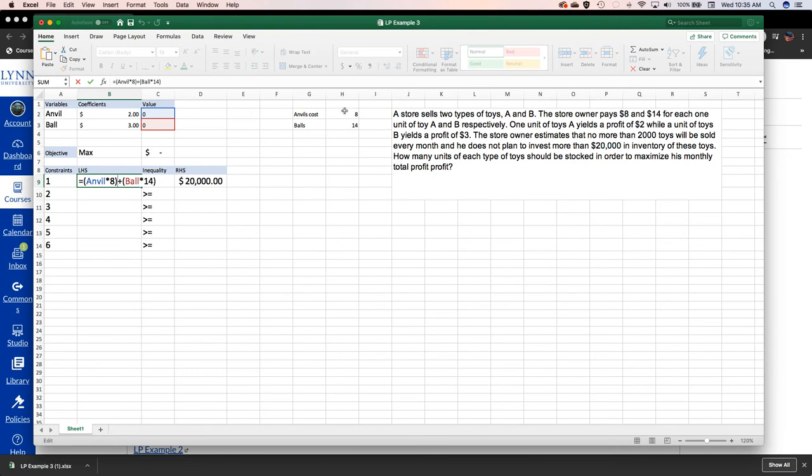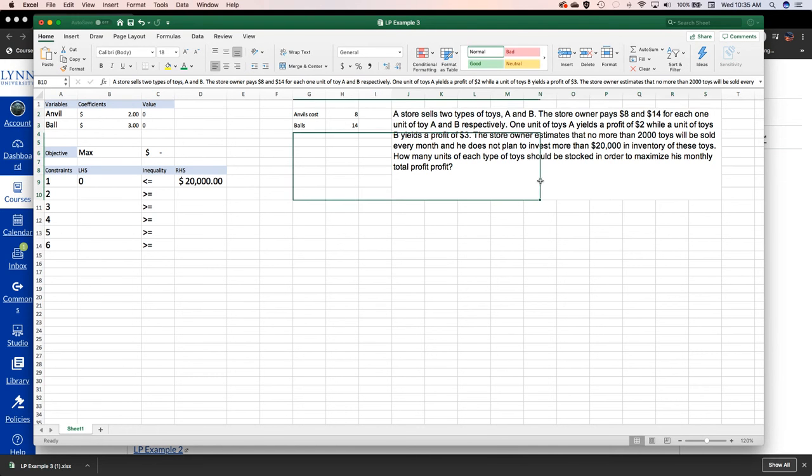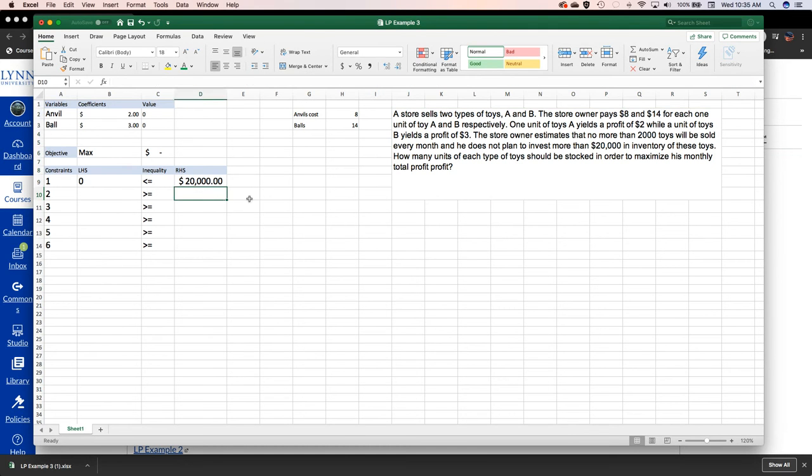Okay, so anvils times 8 plus balls times 14 has to be less than or equal to 20,000 because I only have $20,000 to spend. Okay, the next one is relatively easy as well. The owner estimates that no more than 2,000 toys will be sold every month. So this one's going to be a less than or equal to as well, less than or equal to 2,000, right?